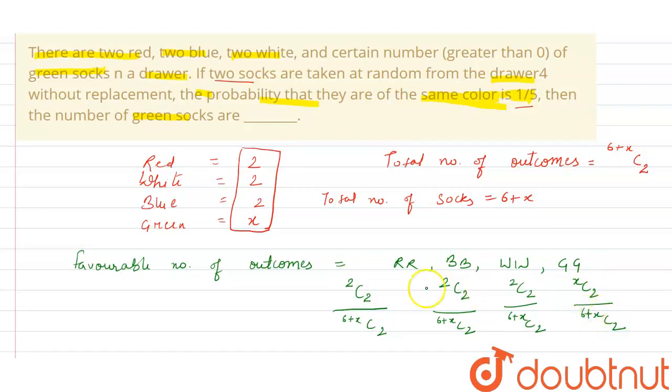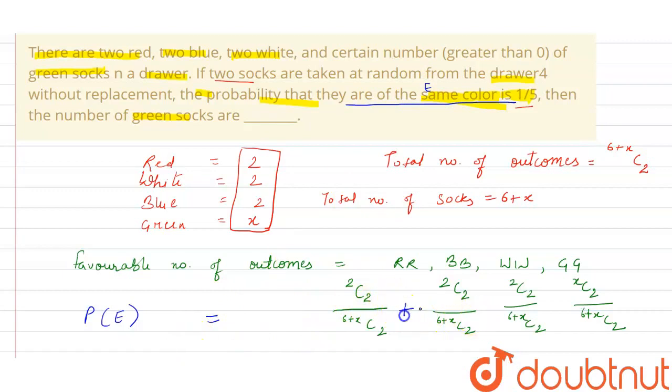Now if we add all these probabilities, this is the probability of the event. And the event is that two socks taken out without replacement are of the same color, right?